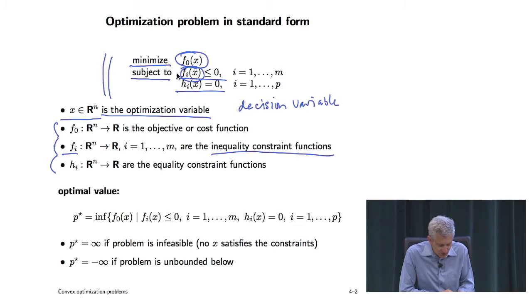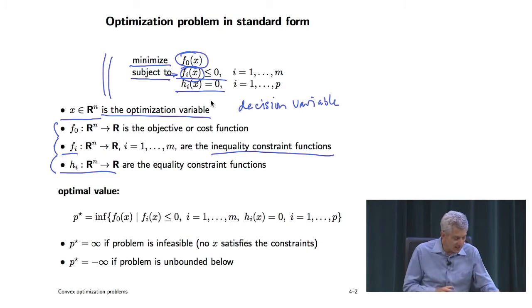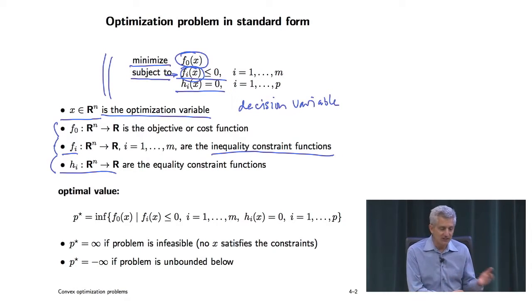And it usually has the interpretation of don't violate a resource limit. Equality constraints hi of x tend to arise in things like balance, that one thing has to balance another. For example, a market has to clear. That means that the total amount sold has to match the total amount that's being bought, something like that, right? So that's where you would get these. We'll see lots of examples.